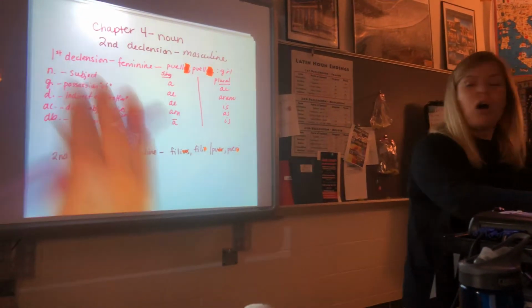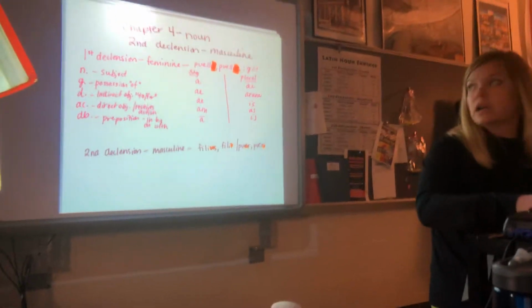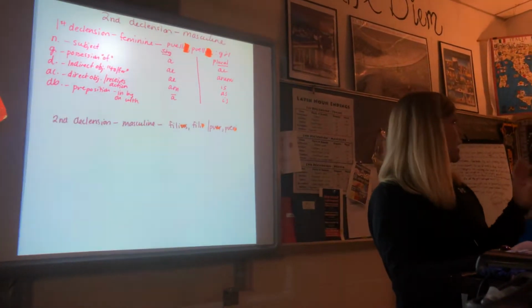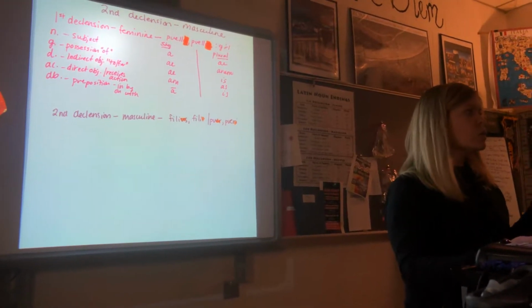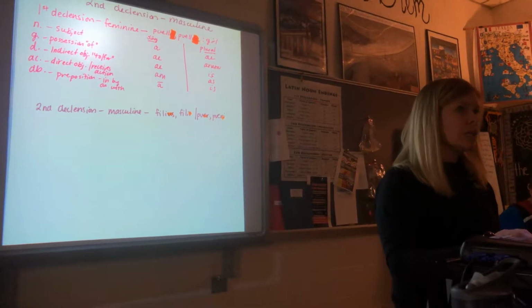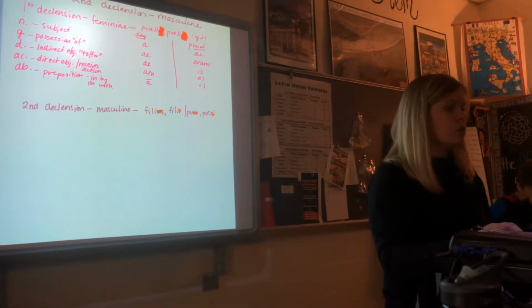Like I said, all of this stuff stays the same. That was the toughest part, right? Was remembering your nominative, genitive, dative, the order of those, what those words were, what their job was, how to decline. You already know how to do that. I'm just giving you different endings.